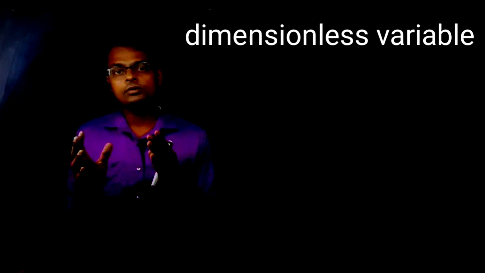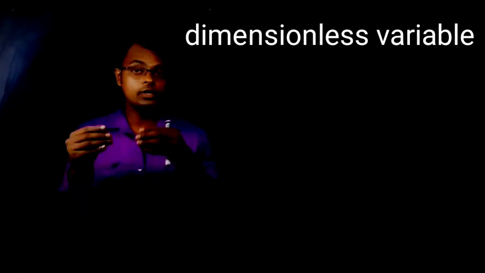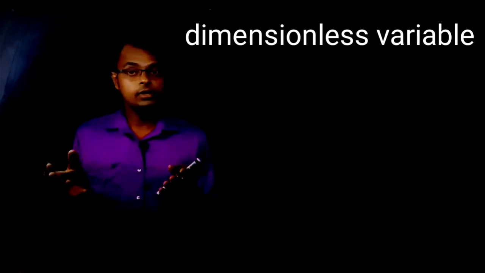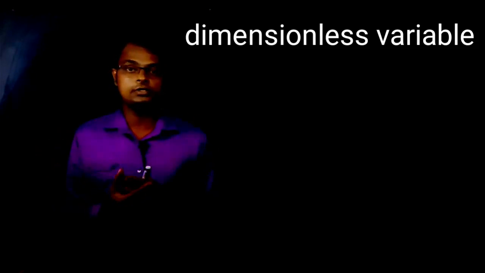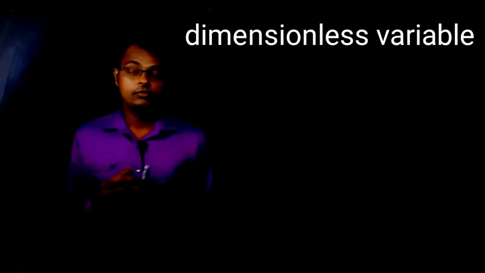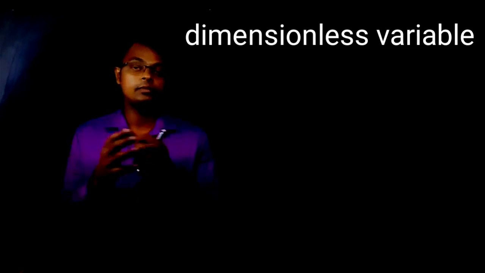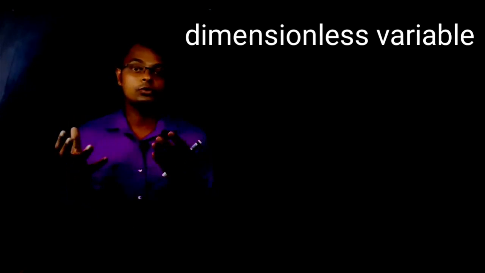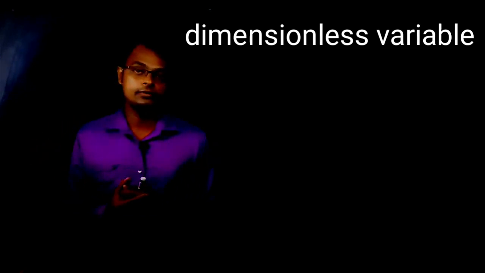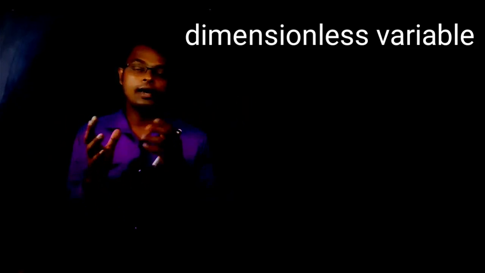Next one is dimensionless variable. That means it does not have dimensions, but the values, the magnitude, may change. The physical quantities which don't have any dimensions, but whose values may vary. You can see the definitions here. Example, angle.